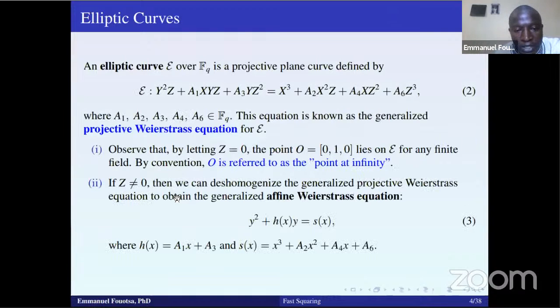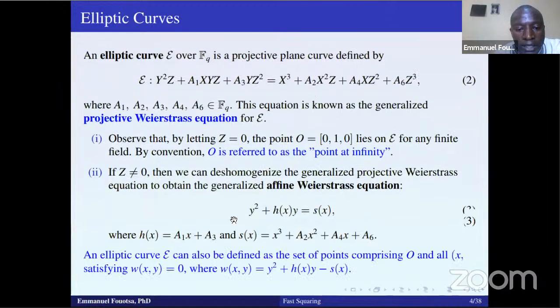In this equation, if we set Z to be 0, then we obtain a single point O with coordinates (0, 1, 0) that we call the point at infinity. And if Z is different from 0, then we can dehomogenize the equation to obtain a Weierstrass equation given like y^2 + h(x)y = s(x), where h(x) and s(x) are given as follows.